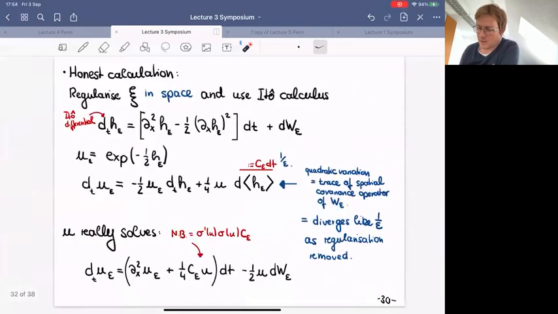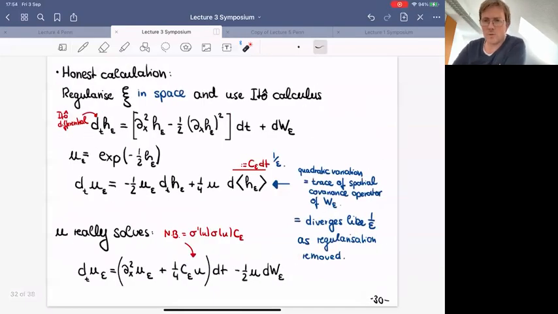What one can do with Ito calculus is just regularize in space, right? That's honest. I can do that. And so then you have this KPZ equation here, and now it takes this form that I have written here. And now I have something with a dW, and the epsilon means that it's smooth in space, but this is still white in time. So I have to do Ito calculus, okay?